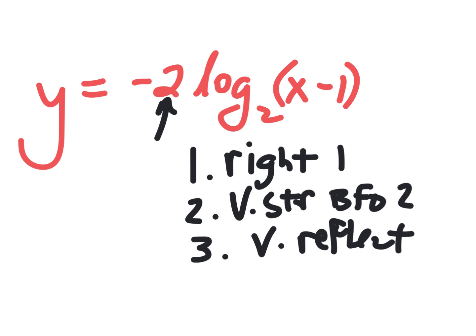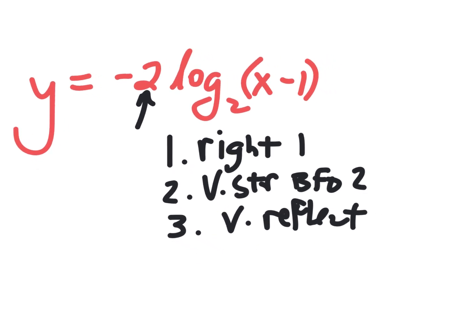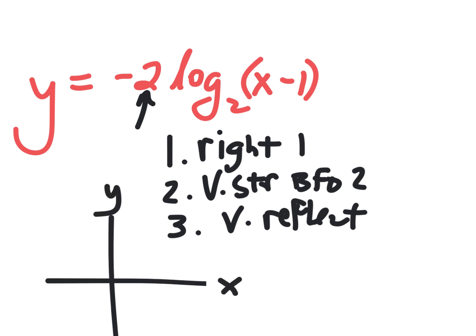Now, some people will, on the test, they may tell you, by the way, it was reflected over the blah axis. I want you to picture what a vertical does. Does it reflect across the X or the Y? I would have been fine with vertical reflect because it's on the vertical, it's on the outside.